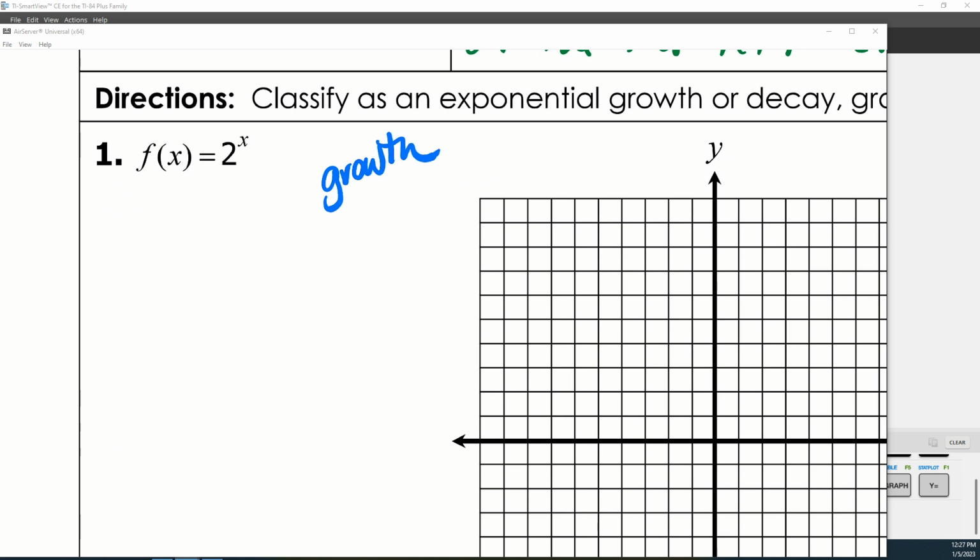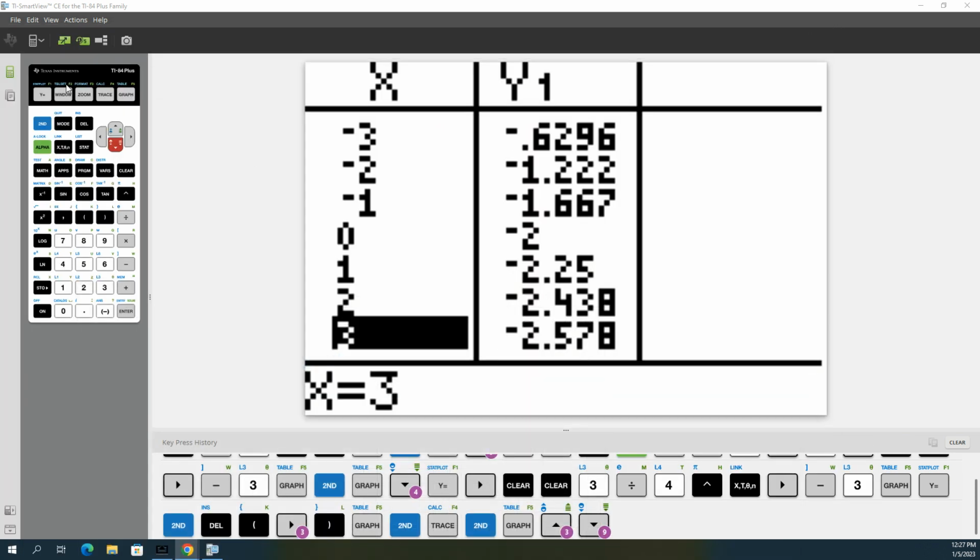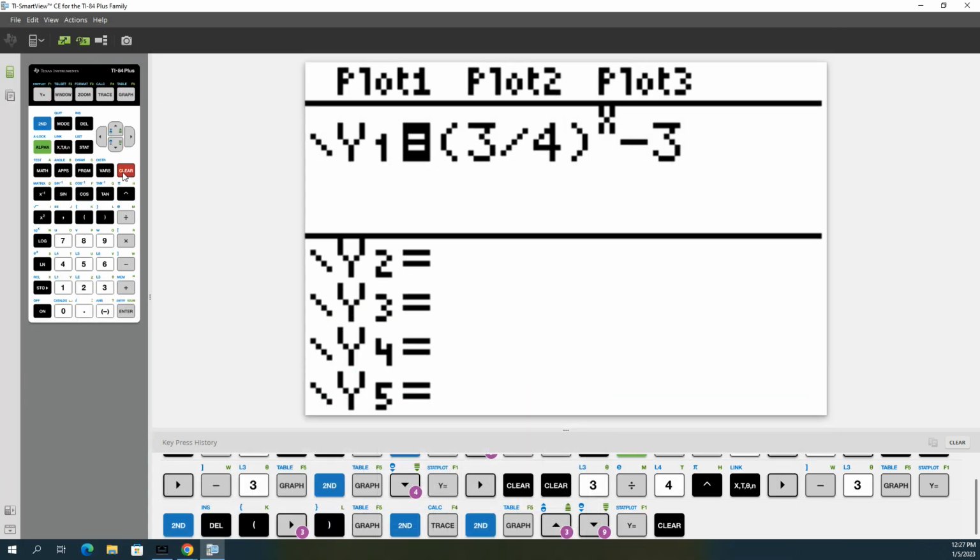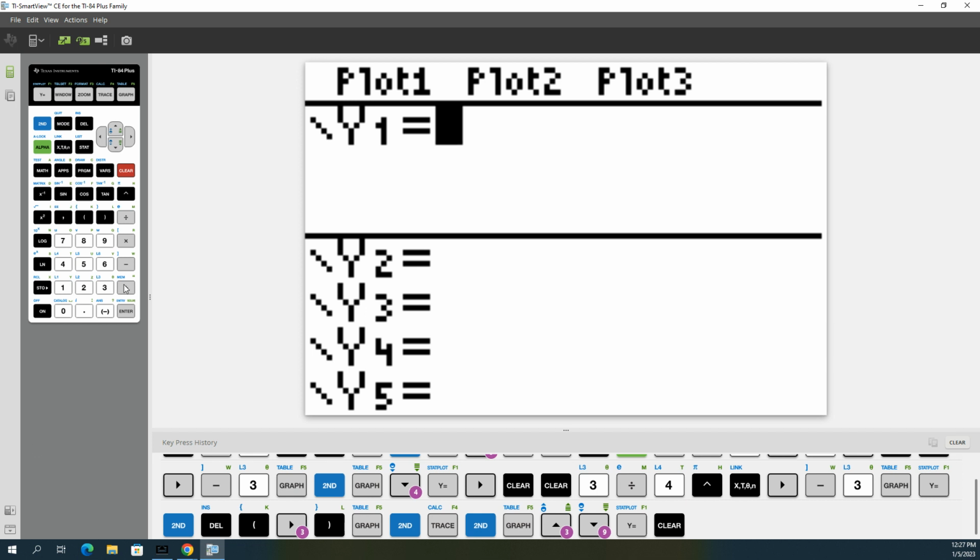All right, so I'm going to go to the calculator and type it in. So go to y equals in your calculator. Right, and then it's going to be 2.